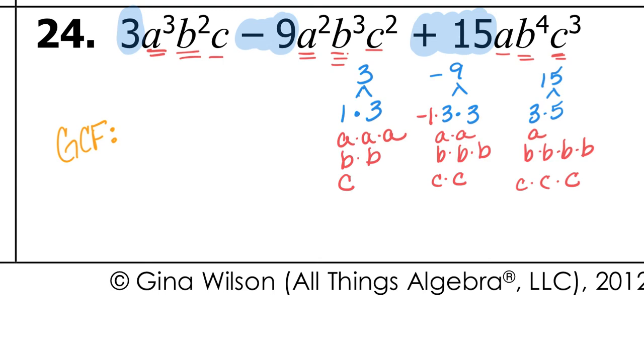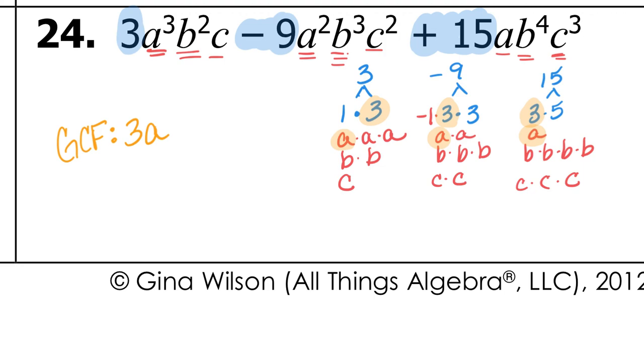So I start with my numbers. There's definitely a 3 in each group. So my GCF starts off with the 3. They each contain the letter A, but only one. They all share only one A.